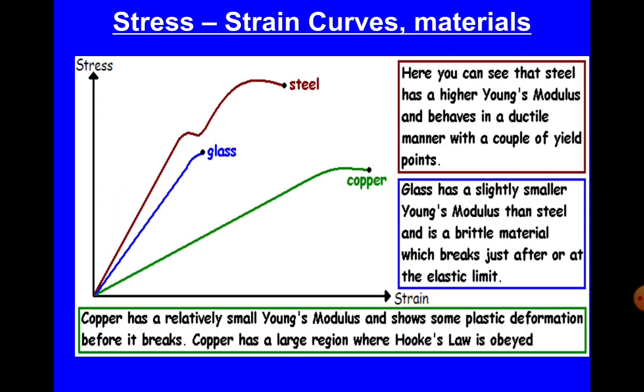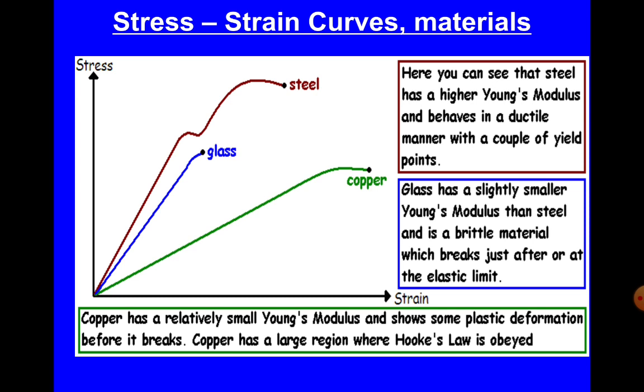Let's look at some more graphs. We have steel, glass and copper. Now what can we say about this graph? Which of the materials is the stiffest? That is the steel, because it has a higher Young's modulus. Does it behave like a ductile material? Yes, it's going to deform. Okay, so the strongest material is also steel.